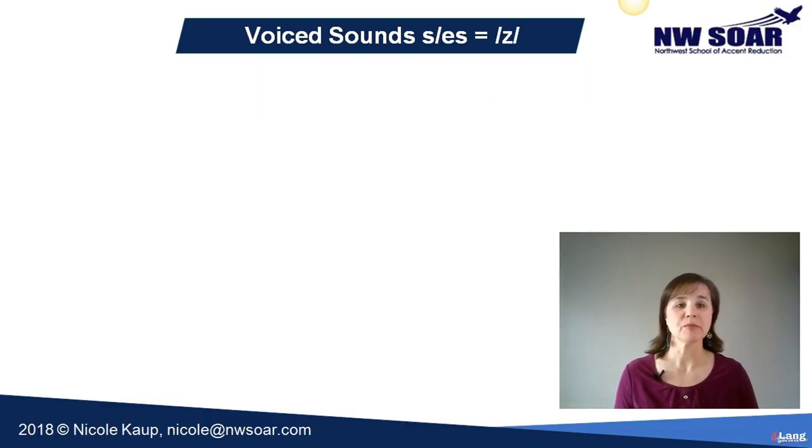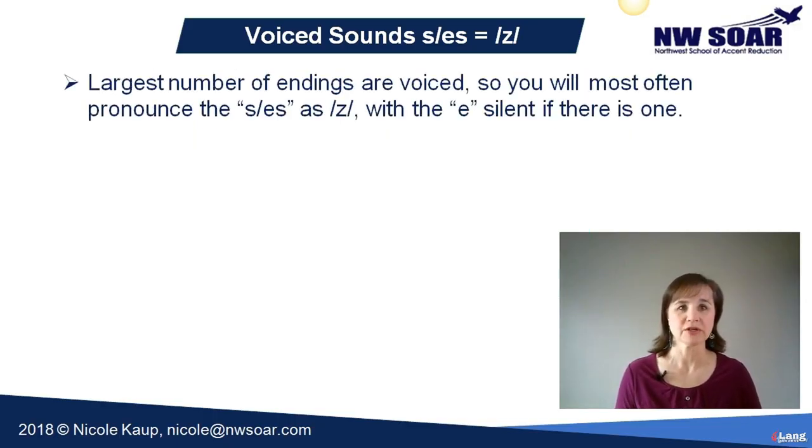The largest number of endings in English are voiced, so you will most often pronounce the S or ES as a Z sound, making sure that the E is silent if there is one.